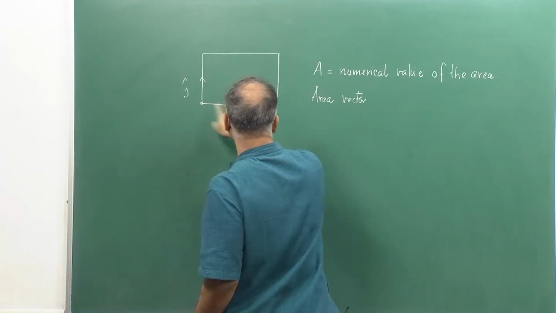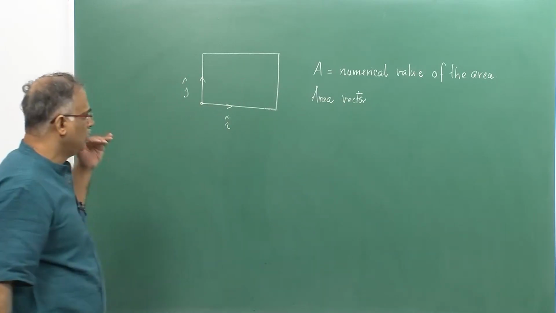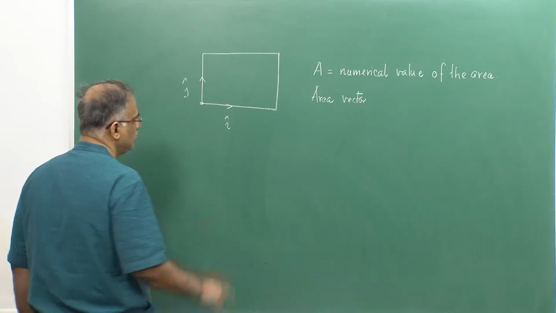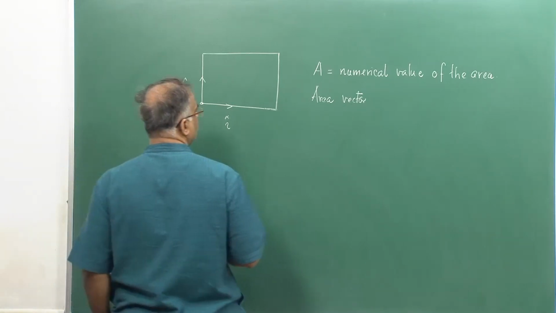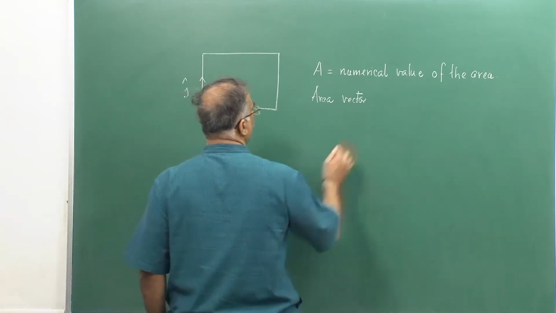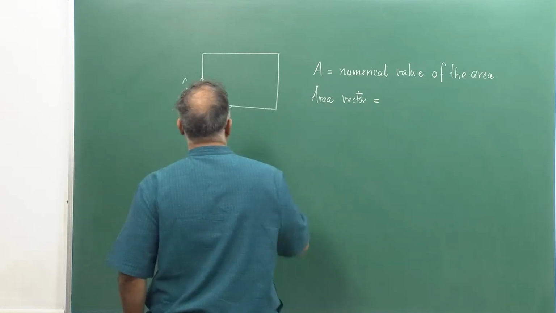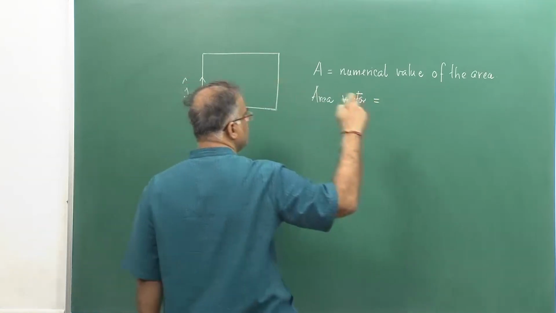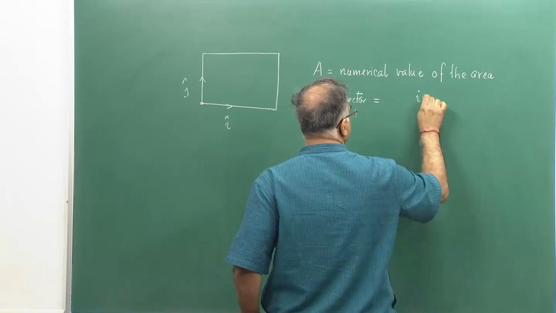You understand, the i vector is lying along the length, the j vector is lying along the breadth. So, how can the area vector be developed? Length into breadth in terms of vectors is nothing but i cross j.